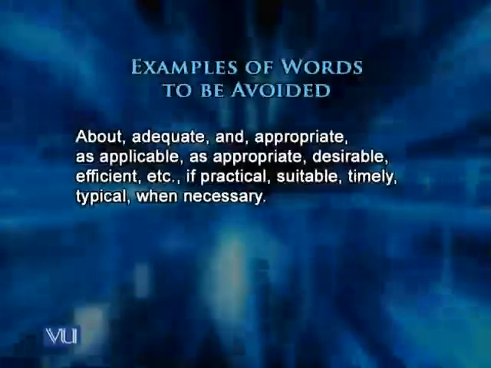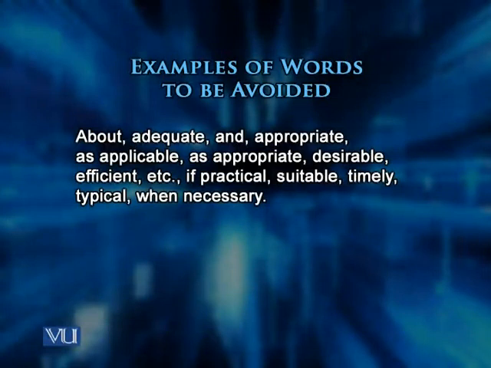These words include, for example, about, adequate, and/or, appropriate, as applicable, as appropriate, if practical, suitable, timely, typical, when necessary. So these words are always open to interpretation and are ambiguous.